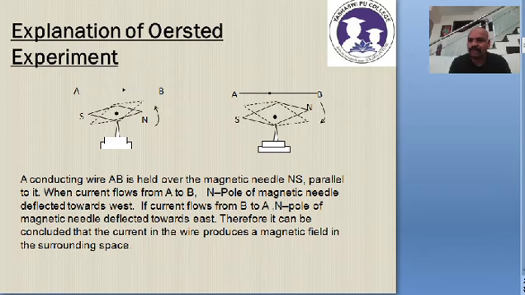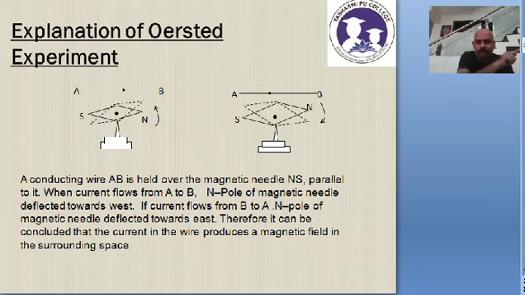And similarly, as in the second diagram, if the current flows from B to A, the north pole of the magnetic needle kept below the wire will deflect towards the right side, towards the east side. So the needle will undergo deflection if the current flows in a wire. Therefore this is known as the magnetic effect of electric current.